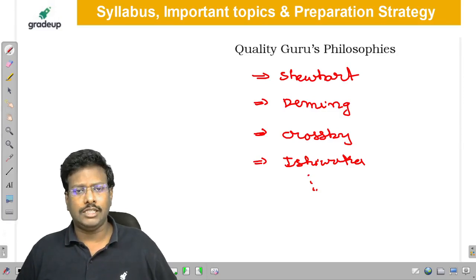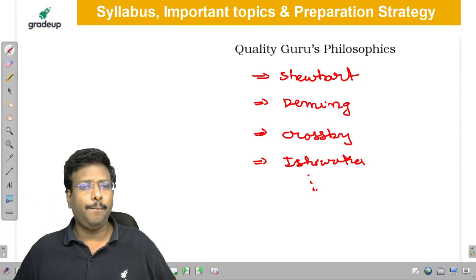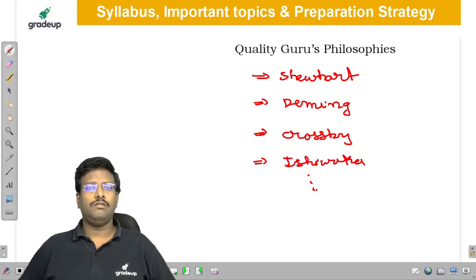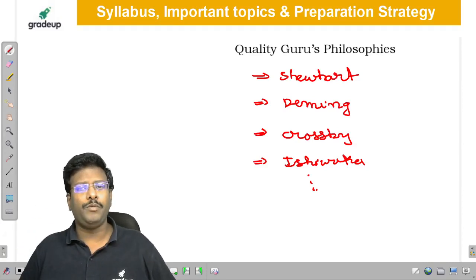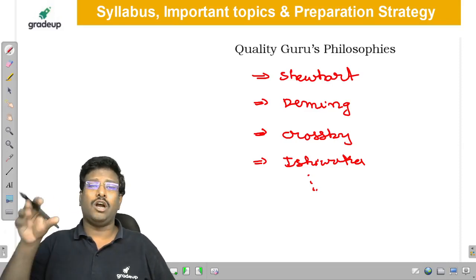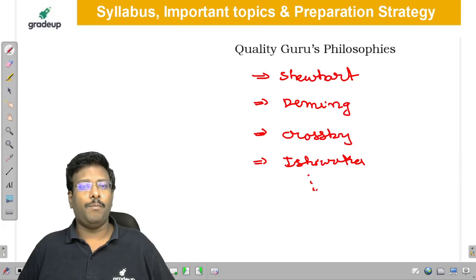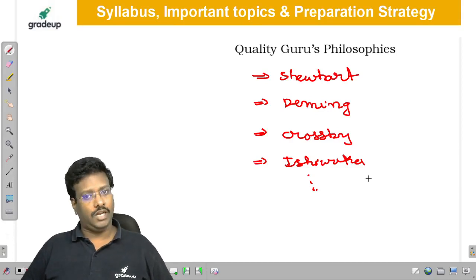Few people concentrated on manufacturing, few on maintaining, like administration. Some concentrated on where the faults and deviations are going to be present. Some concentrated on how to find the root causes of the problem. All these things we are going to discuss in the quality gurus' philosophies.